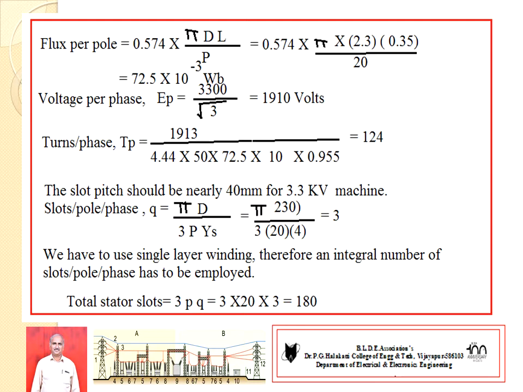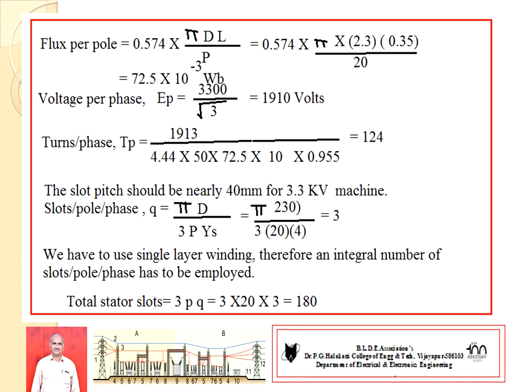Now in this problem, D is expressed as 230 centimeter, Ys is taken as 4 centimeter. Either you keep D equal to 2.3 meters, Ys should also be converted to 40 into 10 to the power of minus 3. You understand very thoroughly, D and Ys should be of the same unit. So finally Q we are going to get as 3.